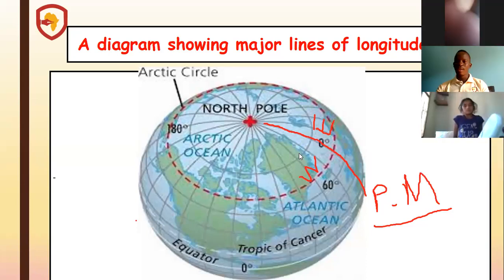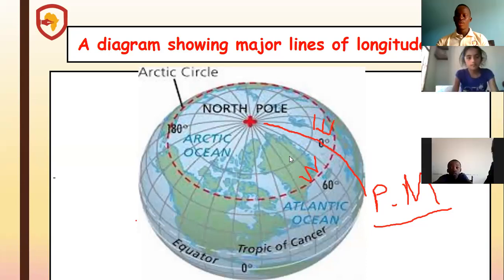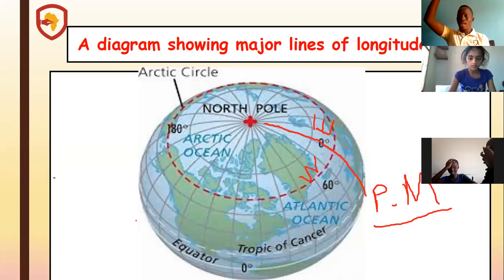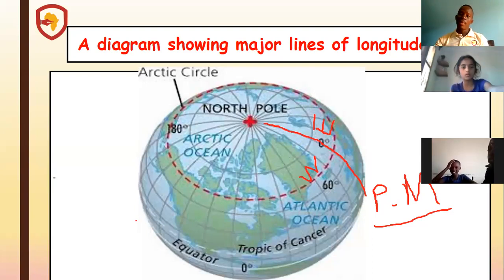Now, each of these halves is called a hemisphere, okay? Like we said under equator. But now, we say that the equator, since it is a horizontal line, divides the world into the northern and the southern. But this prime meridian, since it is a vertical, a standing line, divides the world into the eastern and the western hemisphere.